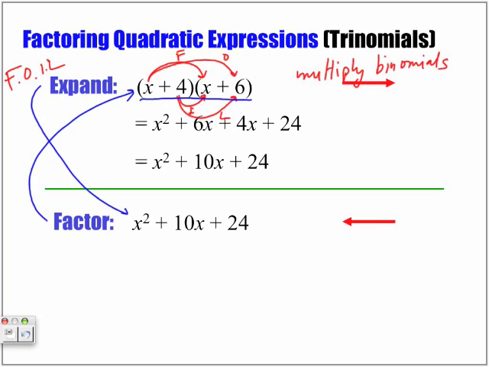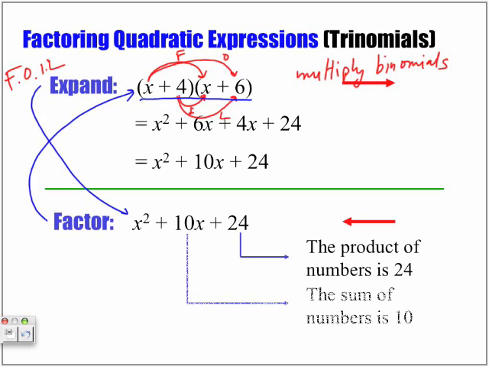They go back and forth. Now, to do this, you need to use something called a sum product rule. The product of the numbers here is 24, and we'll see how important this number will be in our steps in just a moment. And the sum of the numbers is 10.